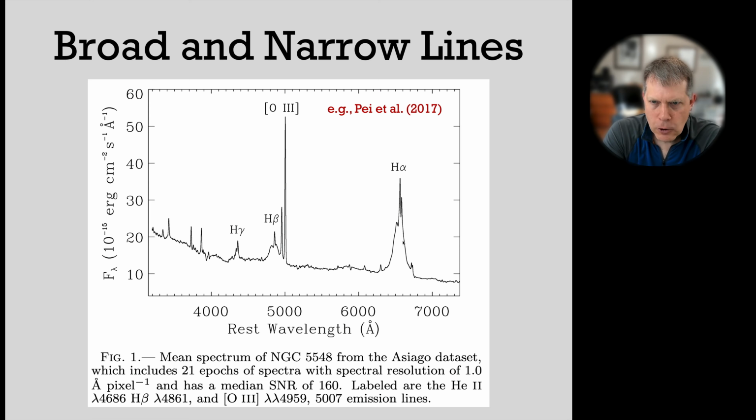Look at H alpha here, look at this substantial width to it, and H beta, look at this substantial width to it. And those are much broader than, by contrast, this forbidden oxygen 3 line, which is much, much narrower, okay, as you can see there.